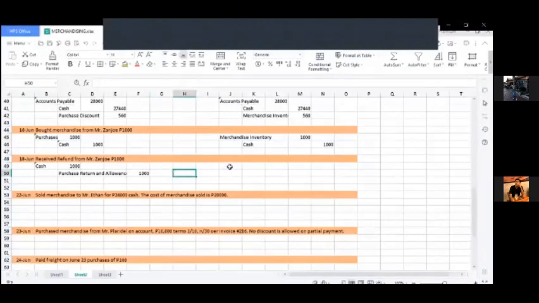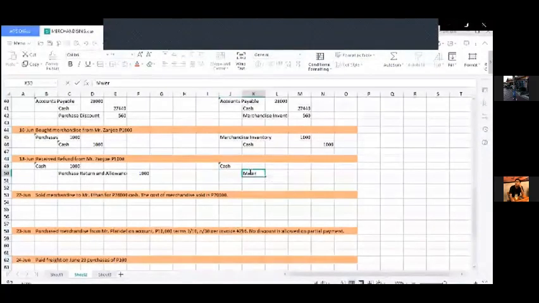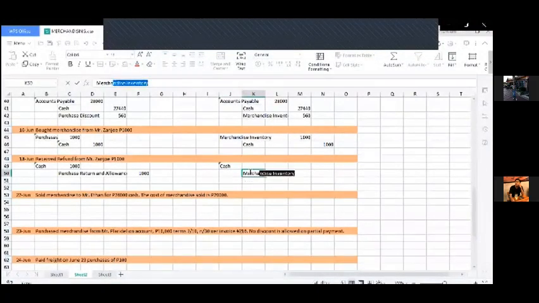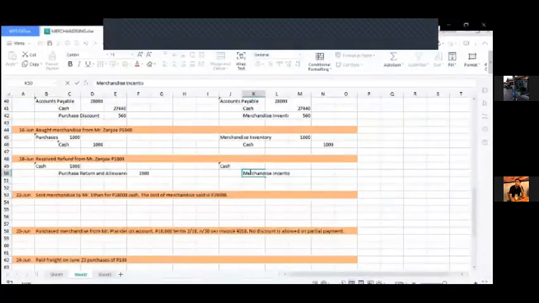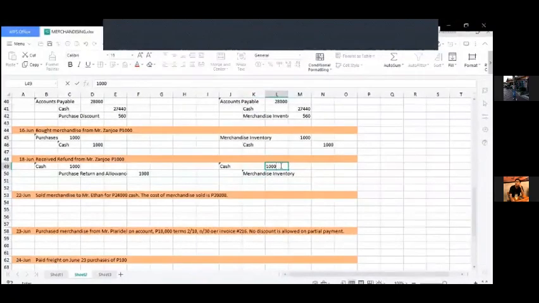Pagdating naman ng perpetual inventory system, meron tayong cash and papalitan natin yan ng merchandise inventory. So, kabawasan yan sa merchandise inventory natin kasi nag-return tayo ng goods. $1,000.